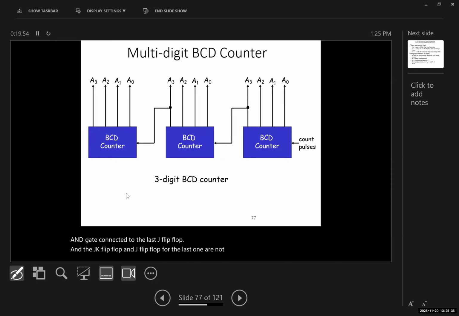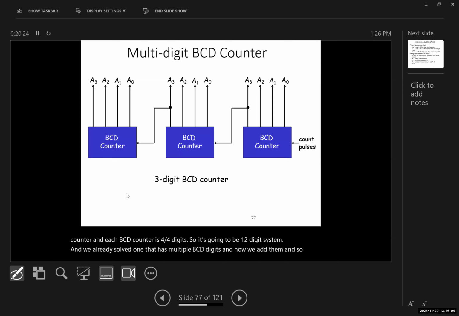Now, for a multi-digit BCD counter, we can have multiple of these BCD counters connected to each other. And here, how many digits do we have? We have a 3-digit BCD counter, and each BCD counter is four bits. So it's going to be a 12-bit system. And we already solved one that has multiple BCD digits and how we add them and so on.